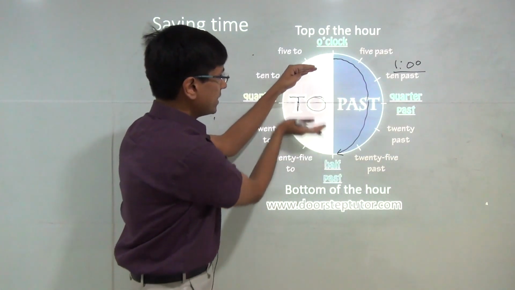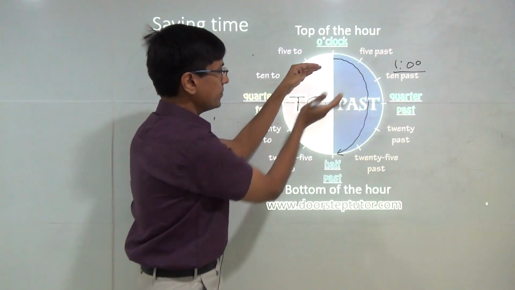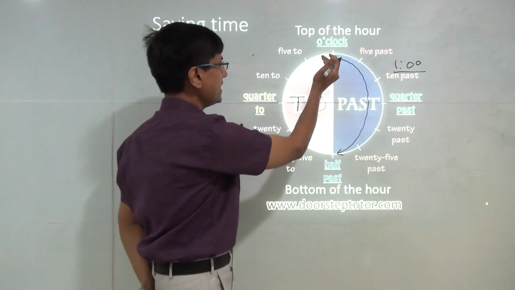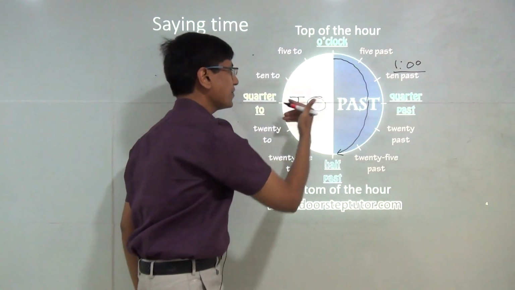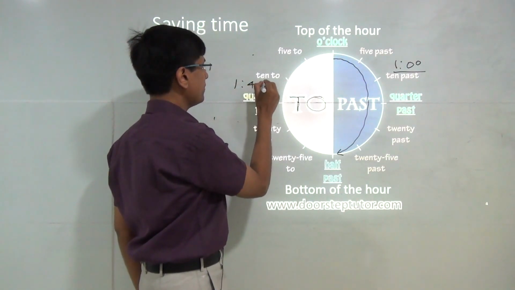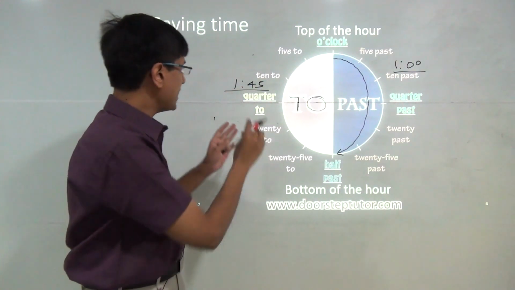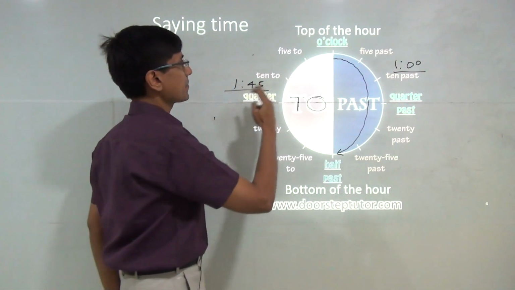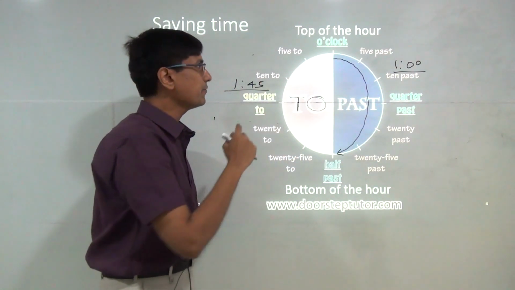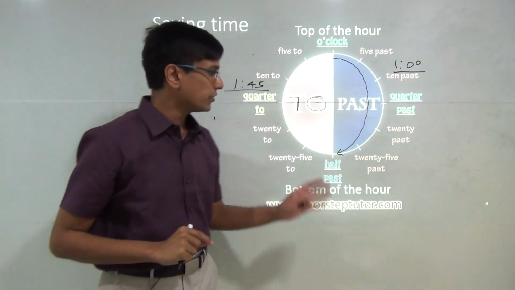As soon as we reach 1:30, this part of the clock becomes closer to 2, and so we start saying how many minutes are left before we reach 2. So for example, for 1:45, instead of saying it in terms of 1, I would say quarter to 2, which means 15 minutes are left before we reach 2 o'clock. So it's very important you note that.